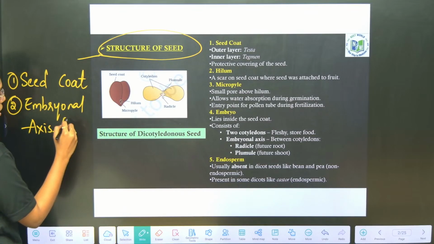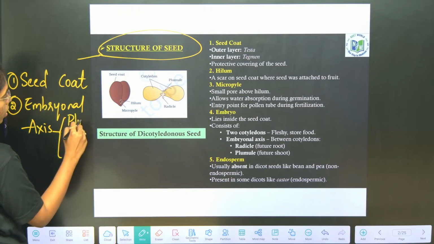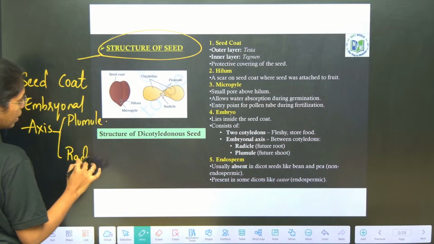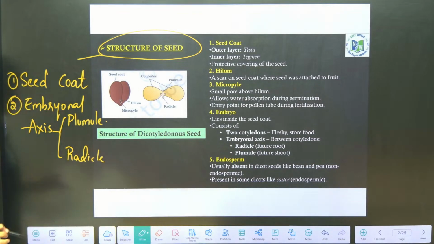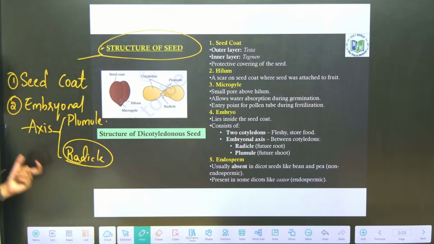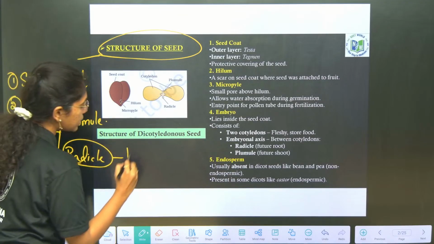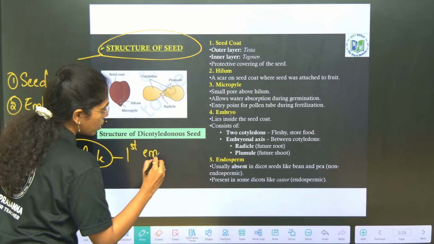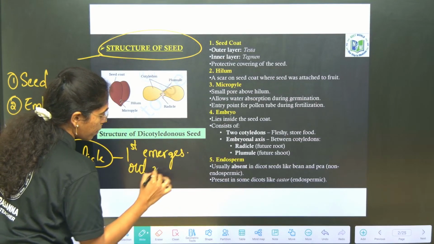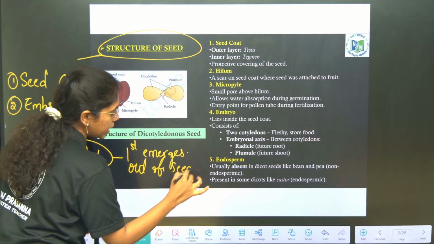At the apex it has what? Plumule, and below is radicle. From seed during germination, radicle is the first part that emerges out of the seed at the time of seed germination.